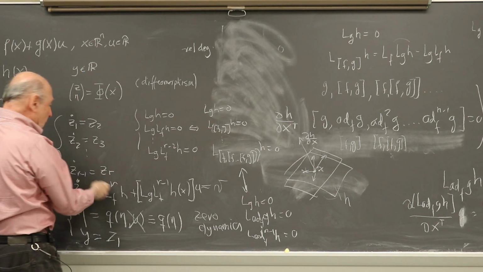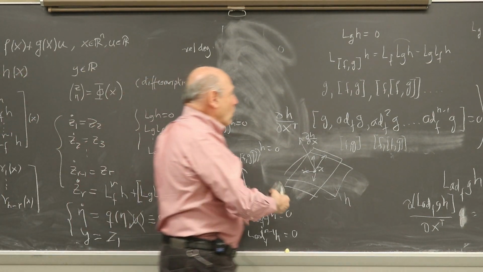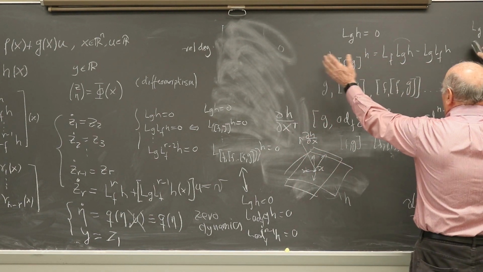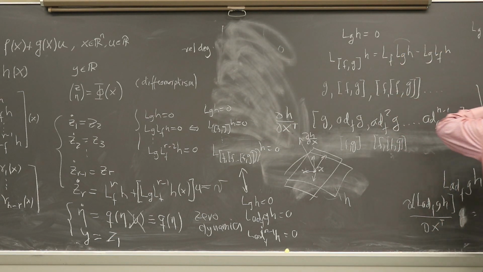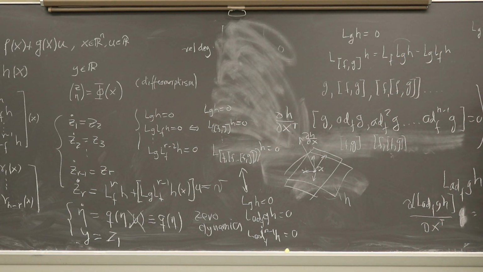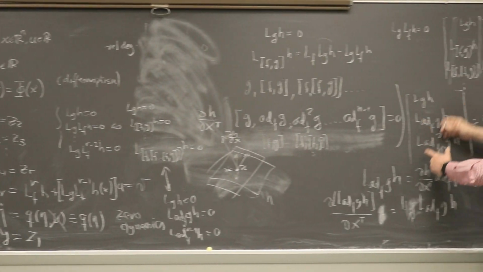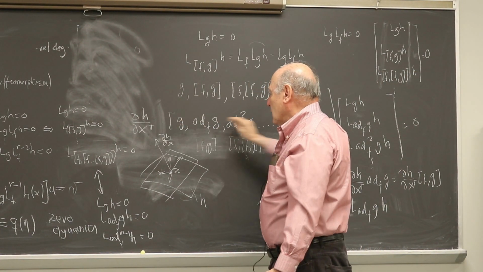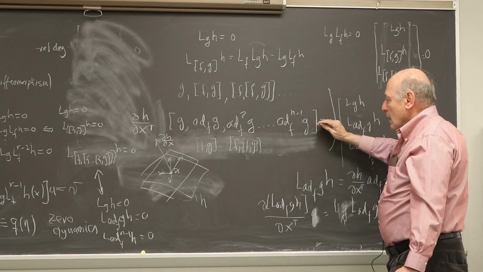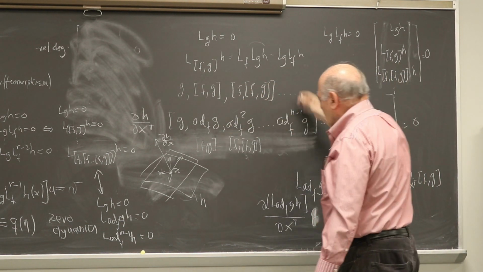These partial linearizability conditions, by invoking the presence of the Lie bracket, have a very nice relationship with LG and LFG and so on. So that set of conditions, which is equivalent to this set of conditions, can be written notationally, bringing the fact that f and g can be thought of as an operator which has very nice properties, into a set of linear conditions, generating a linear partial differential equation for each one of the entries in this matrix.